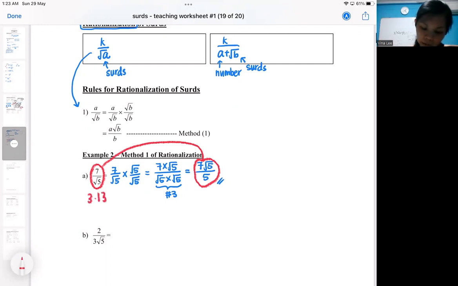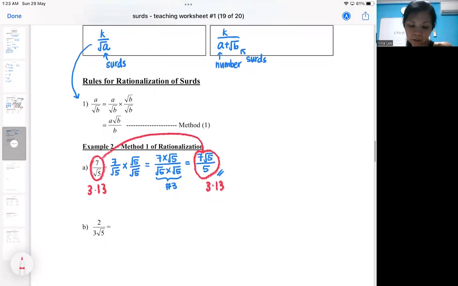You punch calculator, you punch calculator. The starting and the ending should still maintain the same value, even though they look quite different. So this is under the first category of surds. So we try to make use of the same surds multiplication.